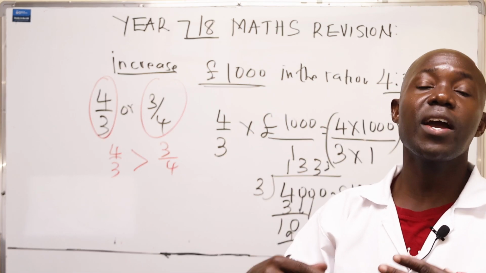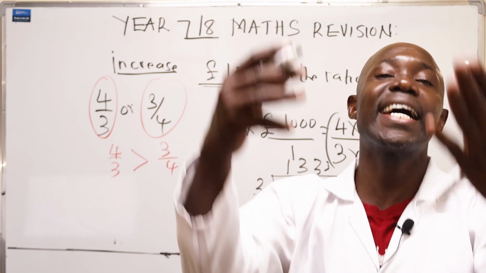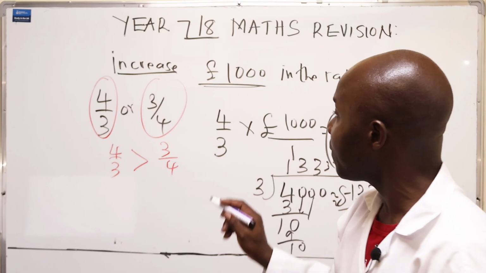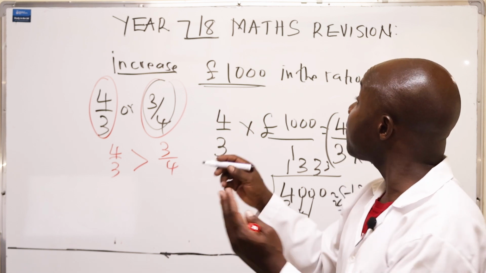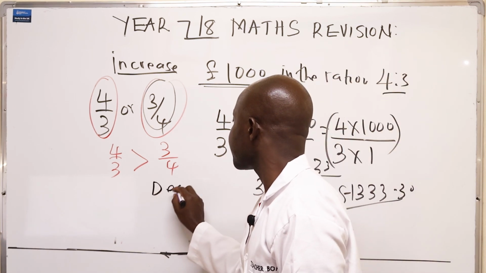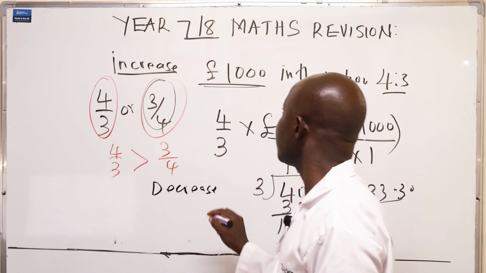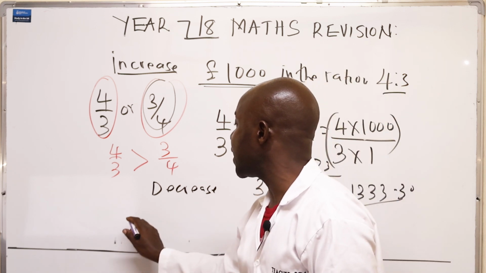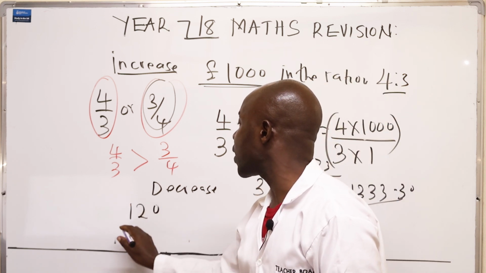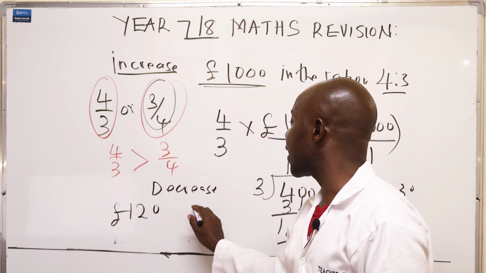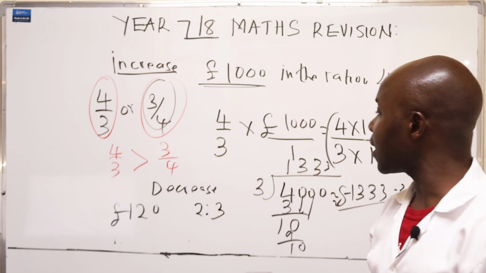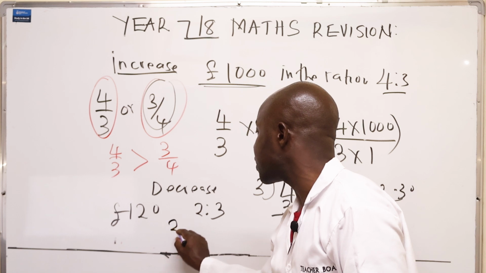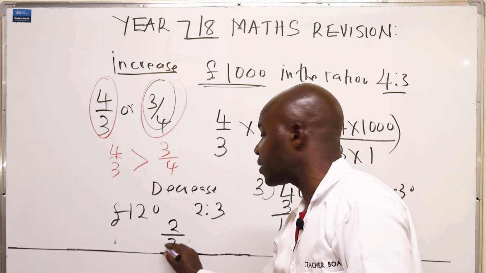But if the question is twisted, decrease a certain quantity by a ratio, you take the smaller fraction. So if I were to decrease, as an example, let me say decrease 120 pounds in the ratio of 2 to 3. Decreasing means smaller. So I will take the smaller part of the ratio, which is 2, over the bigger part, which is 3.